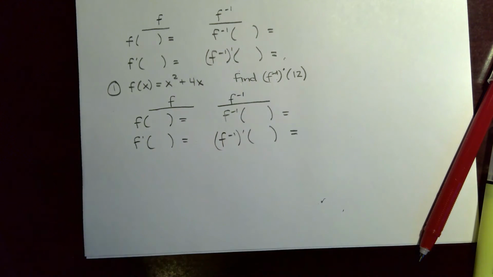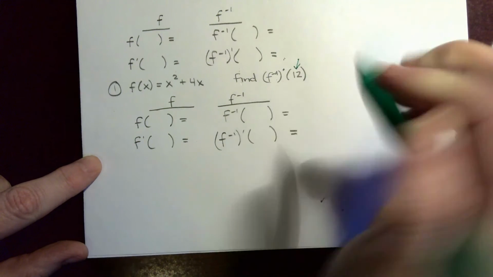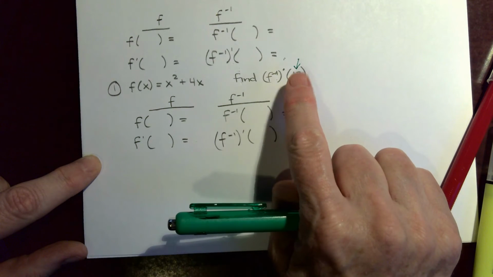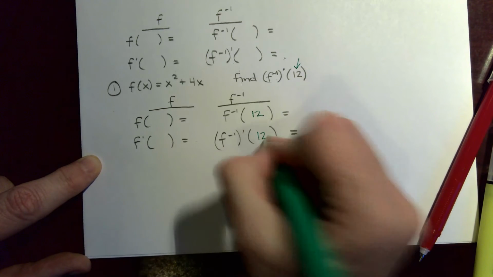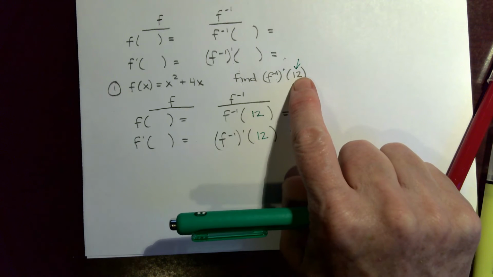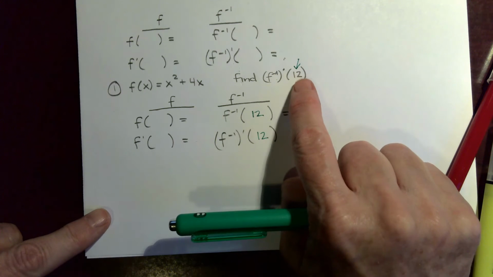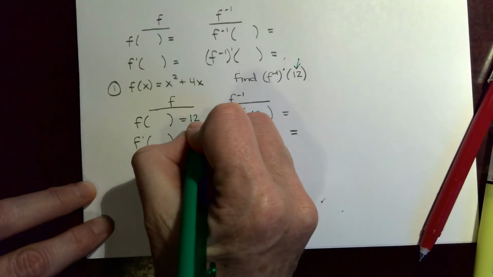Okay, so whatever number that I'm given, remember, as far as the inverse goes, that's the x value. So those go right there. Okay, if that's the x value on the inverse, then it has to be the y value on the original function. So it goes there.